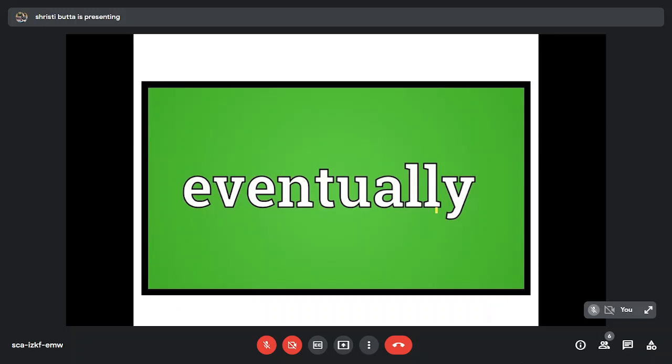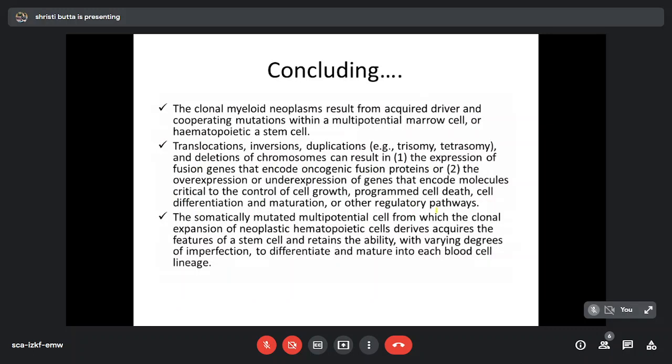So eventually, when we conclude, what do we see? We see that the clonal myeloid neoplasms result from acquired driver and cooperating mutations. So yes, the genetic study is extremely important. Within a multipotent progenitor marrow cell or a hematopoietic stem cell, translocations, inversions, duplications are all typically very important because they can result in either the expression of fusion genes, which may be PML-RARA, STAT5B-RARA, okay, FLT3 mutations, the overexpression or underexpression of genes that encode molecules critical for the growth of cells.